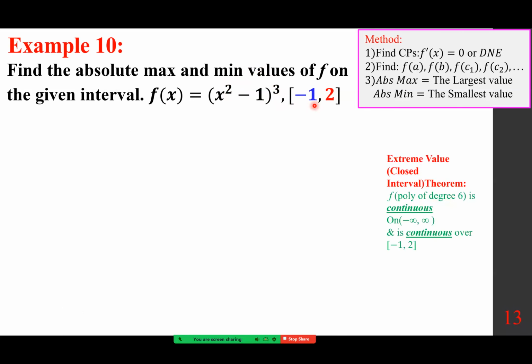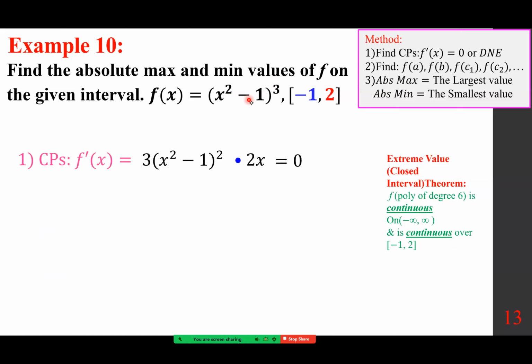Then the methodology. Number 1, find f prime of x. So 3 times the same thing squared times the derivative of the inside, which is 2x. And now we should set this equal to 0.